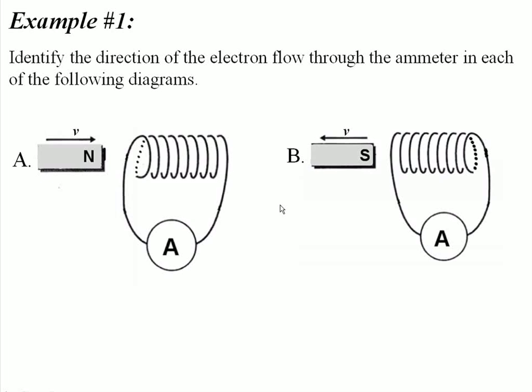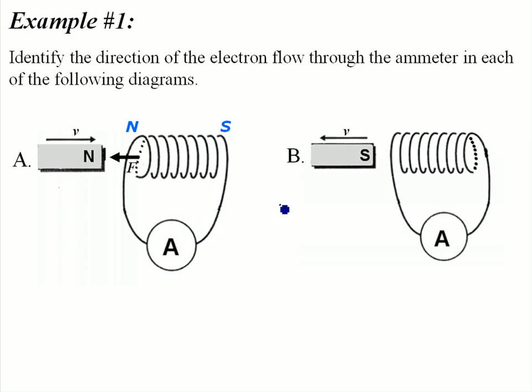then you can go and generate your current using left-hand rule 2 or 3. So when you look at the first diagram in example 1, we have a north pole coming in. So what we'll do first is we have to have a force to oppose it. To have something opposing that, I would have to have a north pole on the coil to create a force to oppose the motion.